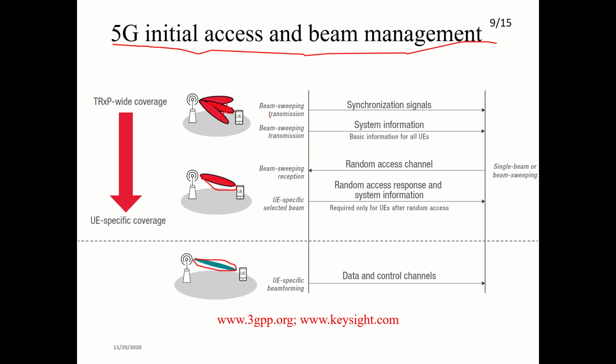You can see here beam sweeping transmission, where several beams are being swept. Then it tries to synchronize with the UE, and basic system information is sent to the UE.